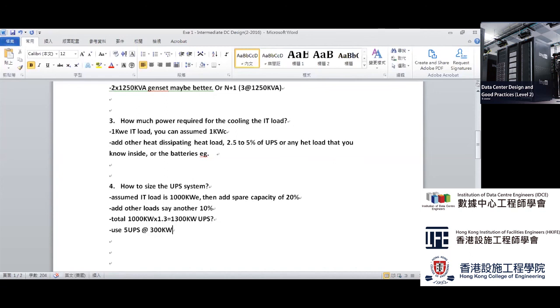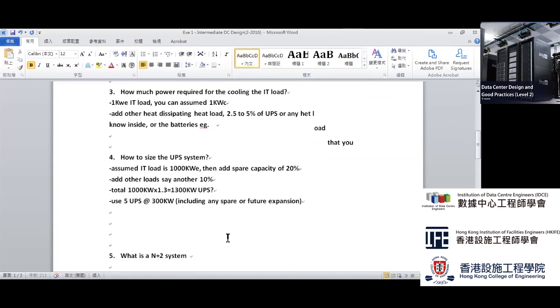That should be sufficient, including any spare or future expansion. You want to save the space and time and money now to add a bit more.